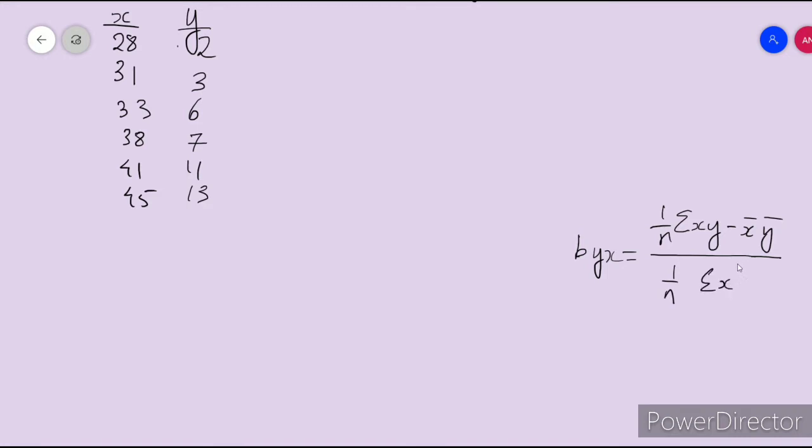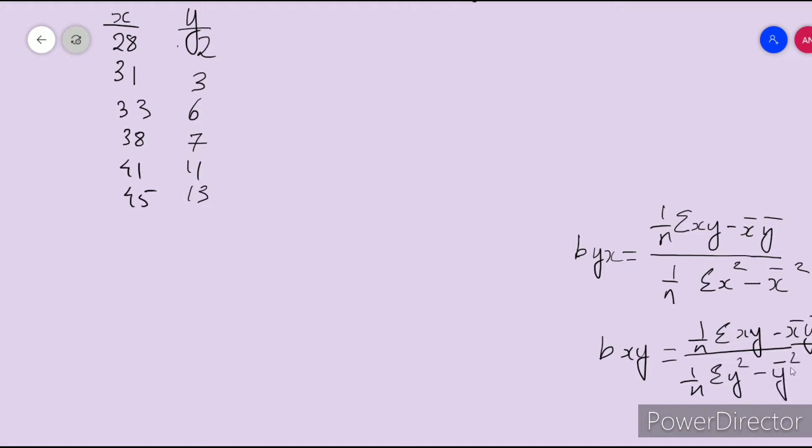So when finding the regression coefficient of y on x, these are the values we need. And when finding the regression coefficient of x on y, these are the values we need. So we notice in both these formulas the numerator is the same, only the denominators are different. Okay, so we need these values.